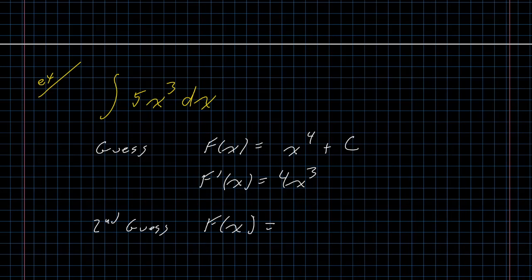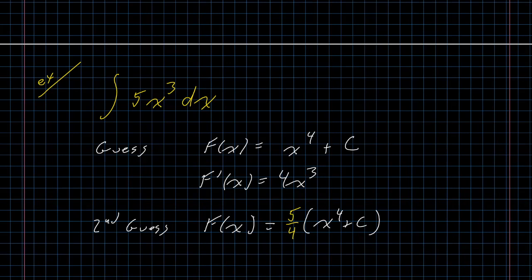Well, one thing I know about derivatives is that if I multiply a function by a constant, the derivative gets multiplied by the same constant. So I want 5, I had 4. I could try multiplying by 5 over 4, because 5 over 4 times 4 is 5. So let's try 5/4 times x to the fourth plus c.